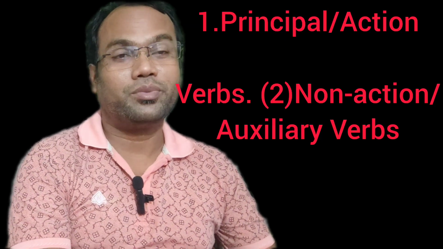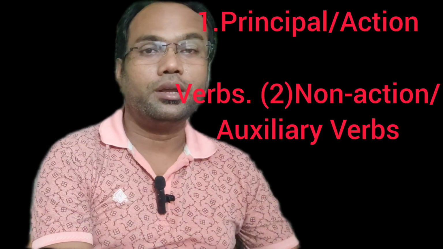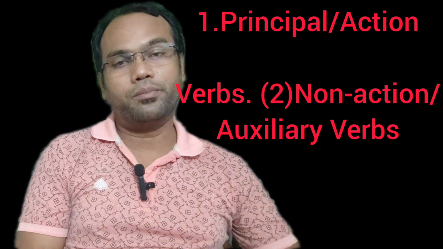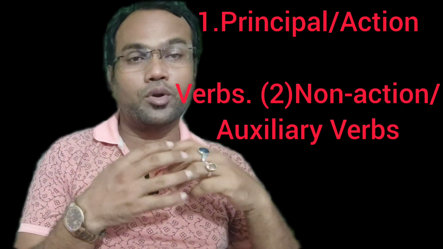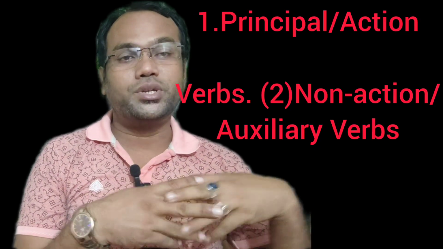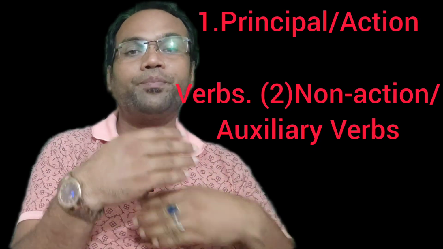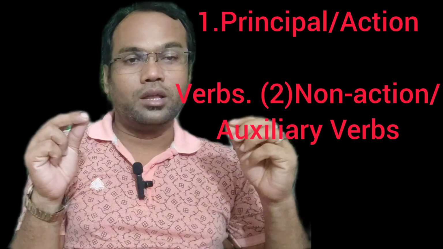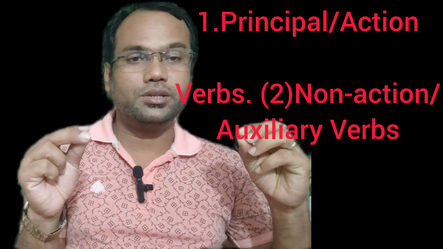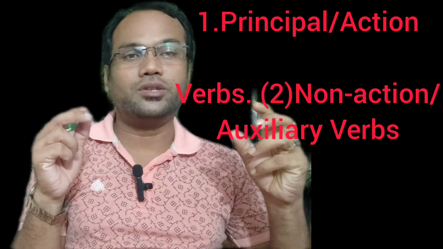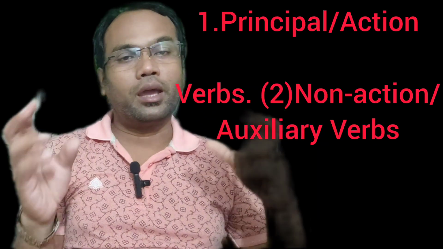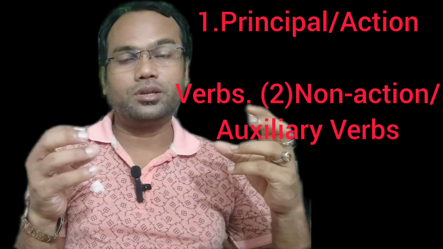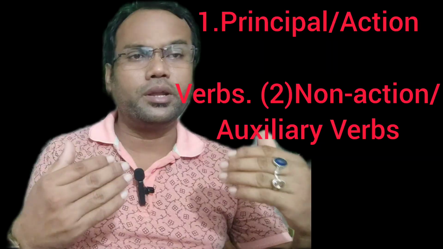At that time these non-action verbs help the principal verb, and are called auxiliary verb or supporting verb. If I say I am speaking in English, the supporting verb here is am, and speaking is the main verb. So speaking is the action verb, and am is the non-action verb or supporting verb.